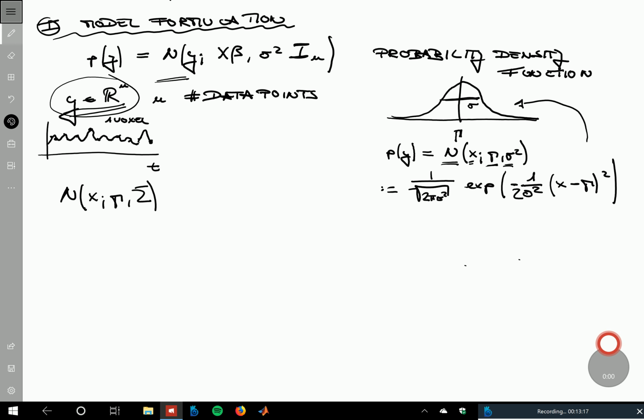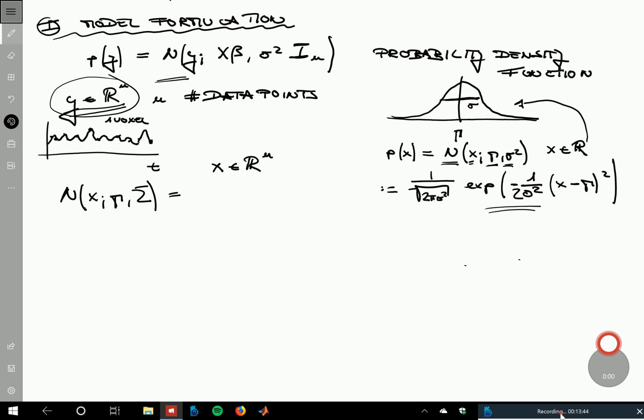So the multivariate Gaussian is a probability density function like the one that you know, but for vectors. Instead of x being scalar here, we are now looking at x's that are n-dimensional, or y's that are n-dimensional.